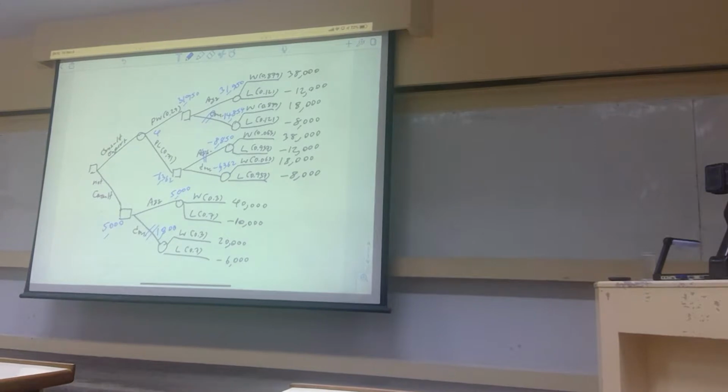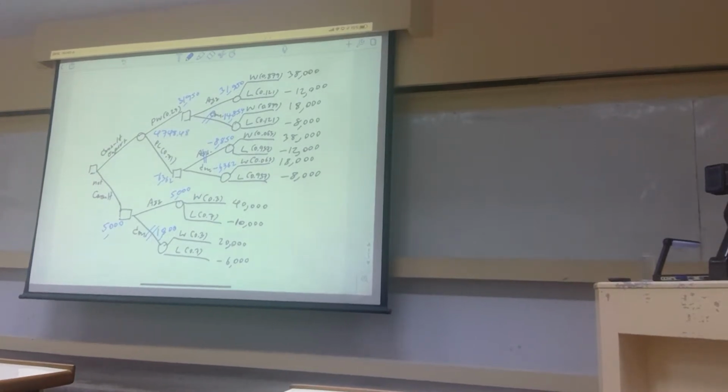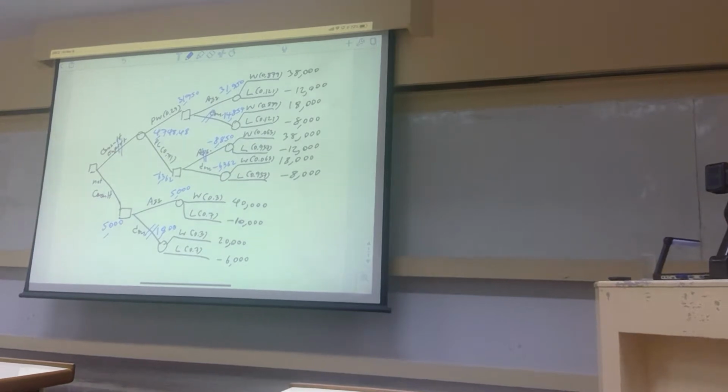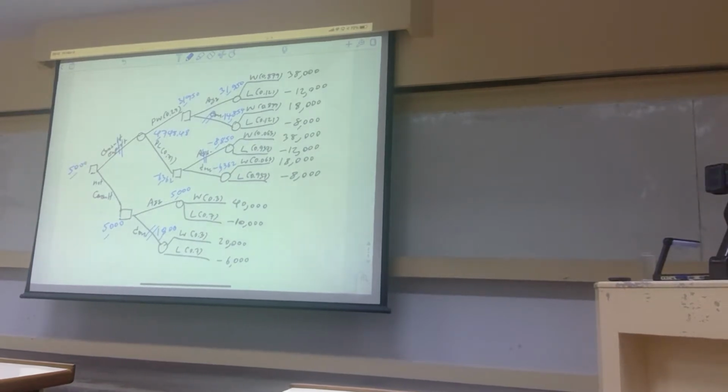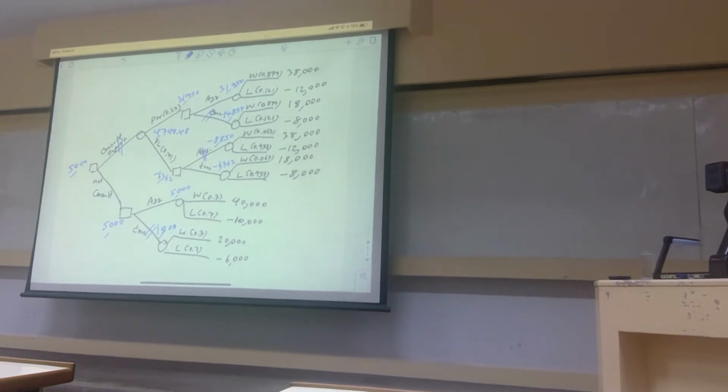So we have 4748. So it's less than this one, so we can hold this. So the result is that we should not consult with the expert. And the attorney should approach the conservative strategy. You can expect to get the benefit of 5,000.